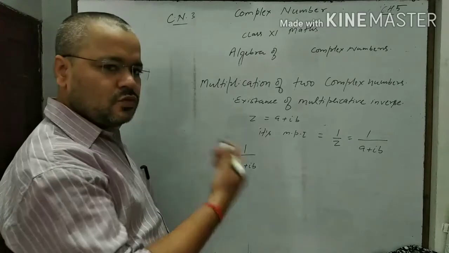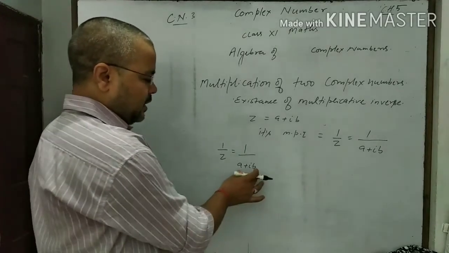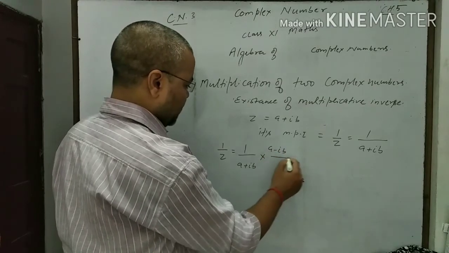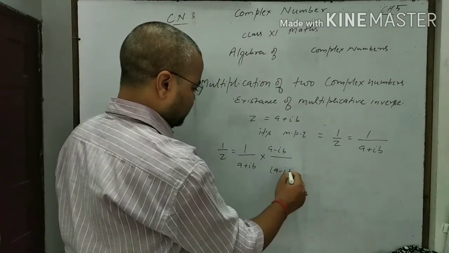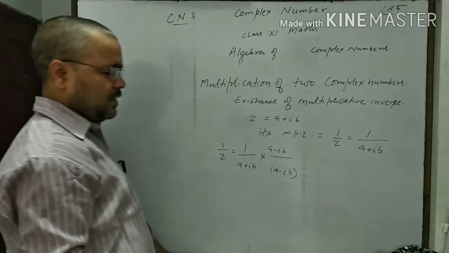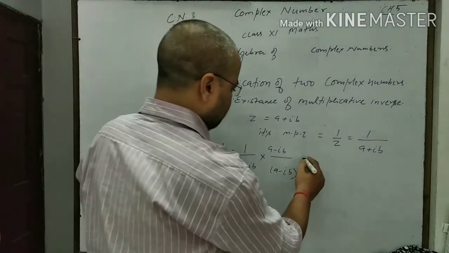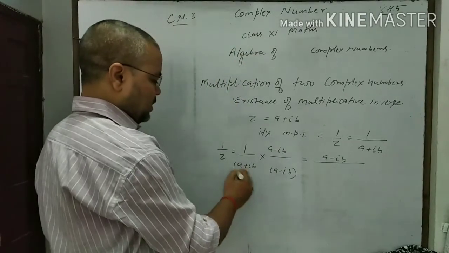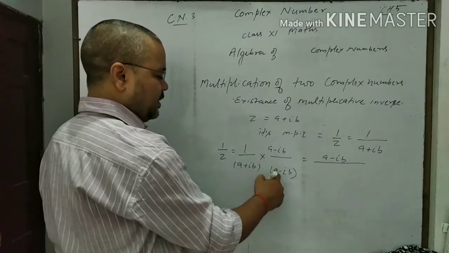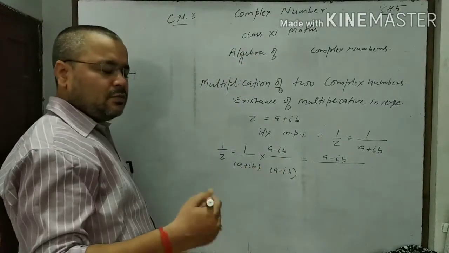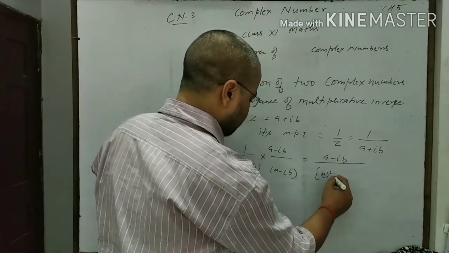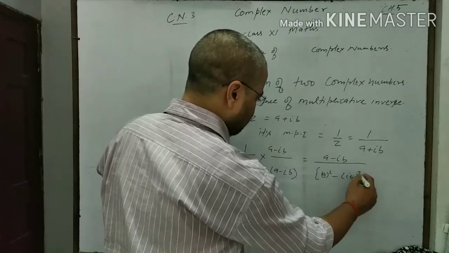If we want to simplify it, we multiply a minus ib on both sides, numerator and denominator. Then it will be a minus ib upon a square minus ib whole square.